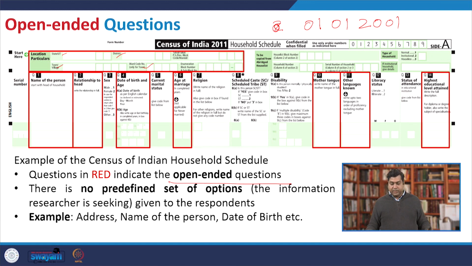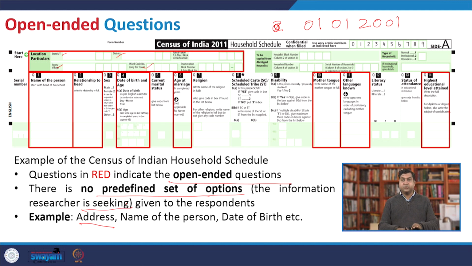Then other language: first is the mother tongue, but you may know other languages. And then the highest education level. In this case also there are options they are giving, like higher school or school, etc. In such cases there is no predefined set of options or information the researcher is seeking.